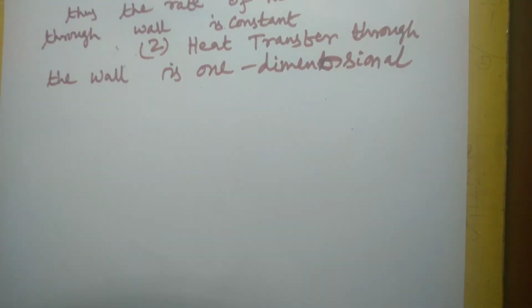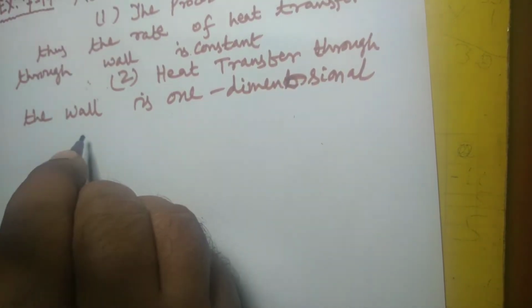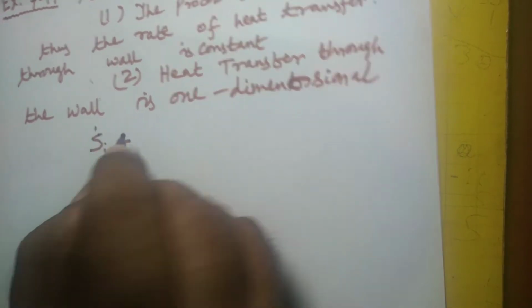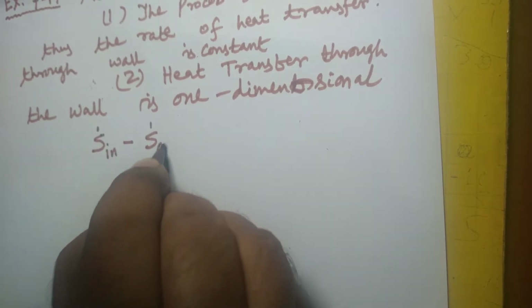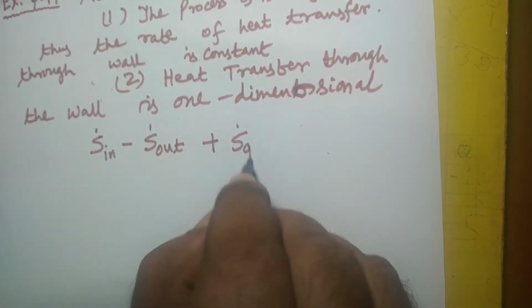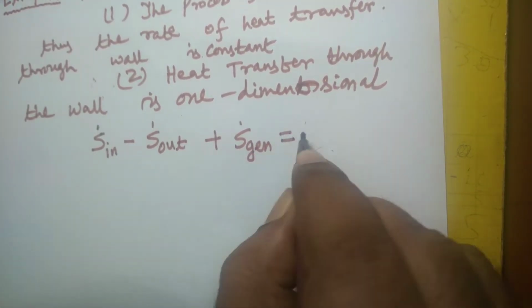So if you apply the entropy balance equation in rate form, the equation will be like this: S dot in minus S dot out plus S dot gen. This is the rate of entropy generation inside the wall.